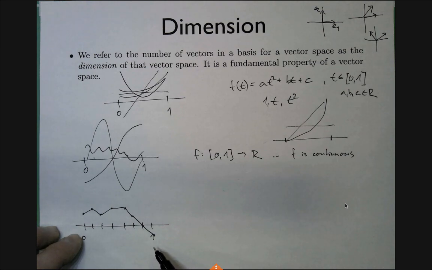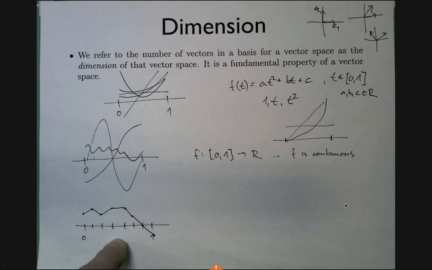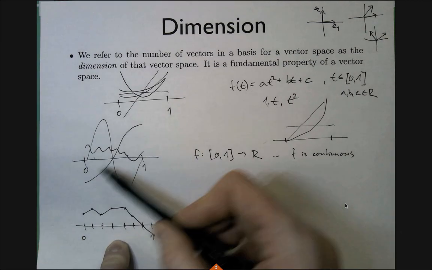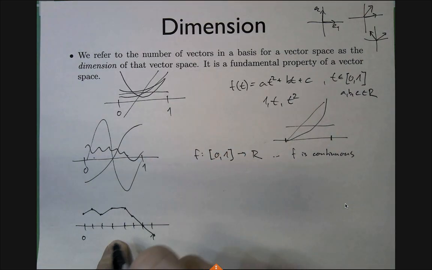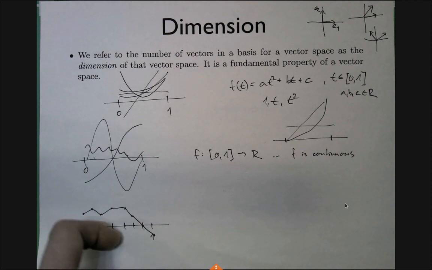This would again be a vector subspace. In this case, it would have a finite dimension. And this is basically the main idea of the finite element method: to approximate an infinite dimension function space with a finite dimension function space.